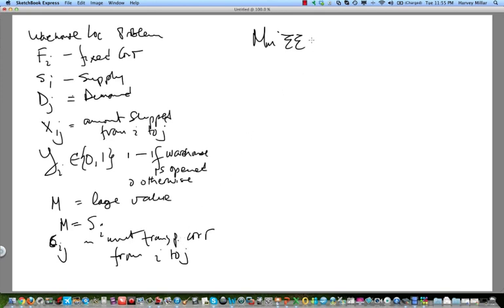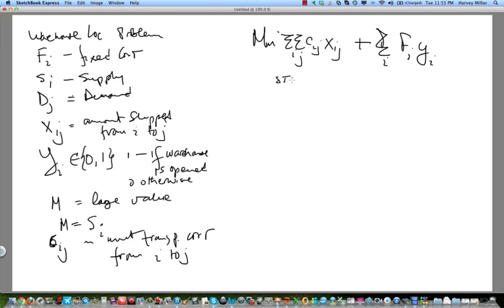So I'll have C_ij X_ij, that's my transportation cost, plus I need to include my fixed costs over all i. So that's the fixed cost and that's the transportation cost.